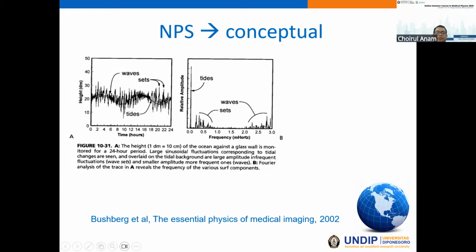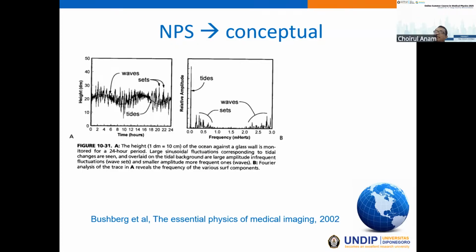And within the image, we also have sets of waves. And in every wave, there is also a small wave like this. So in this example, we have 3 different frequencies: the frequency of the tide, the frequency of the set wave, and the frequency of the wave itself.